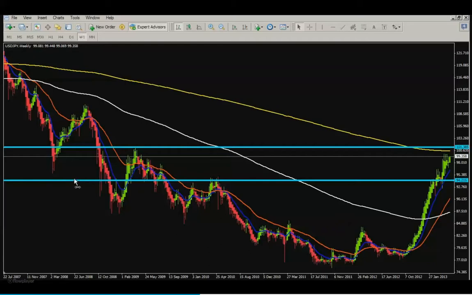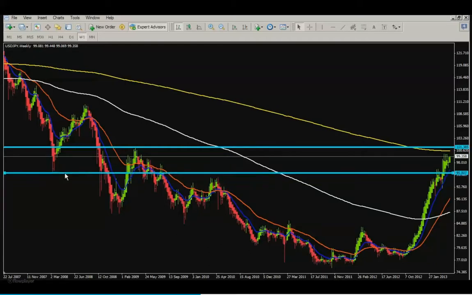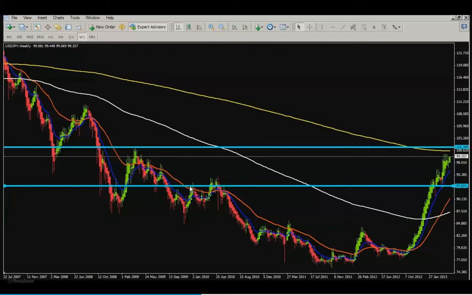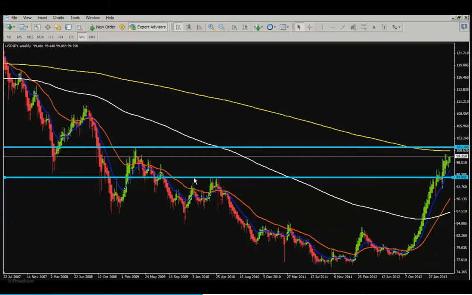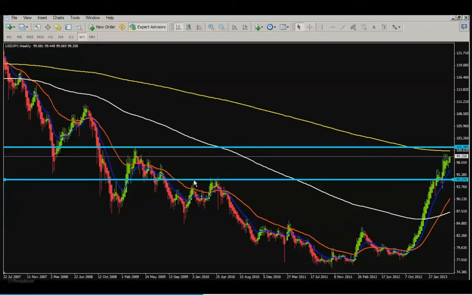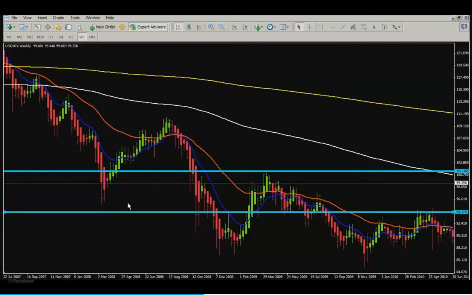So between these previous lows and these peaks here, in between where we have the most touches, that's where you want to leave your line. And if I zoom in a little bit, you see it makes sense.